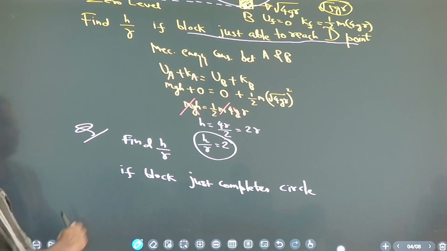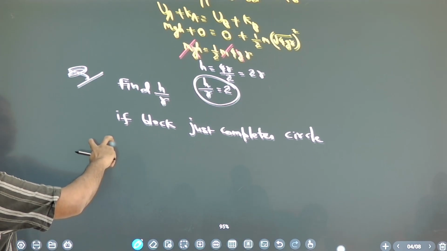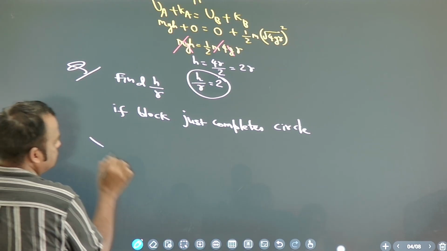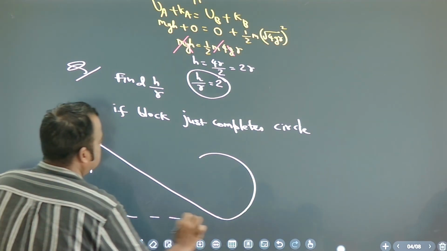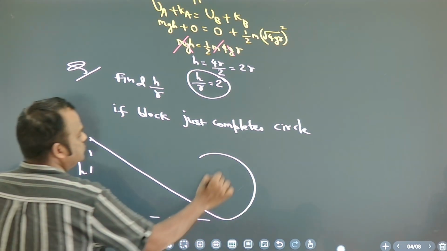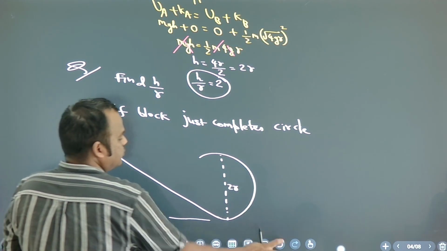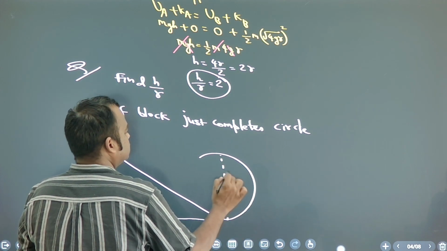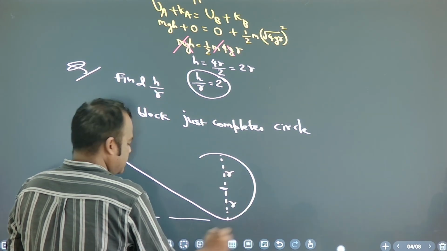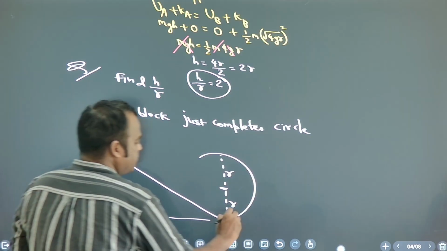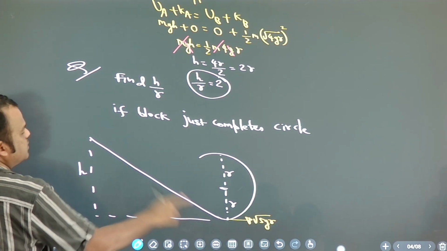So tell me, if the block just completes the circle, what is the height here? H. What is the speed here? You know this answer. Root 5gr. Okay. Now do energy conservation.